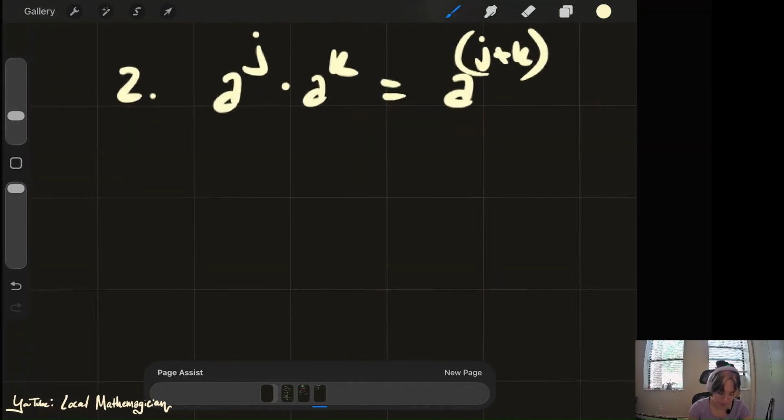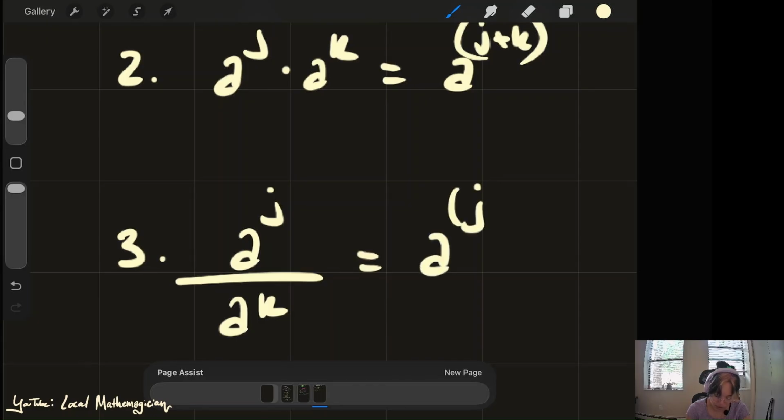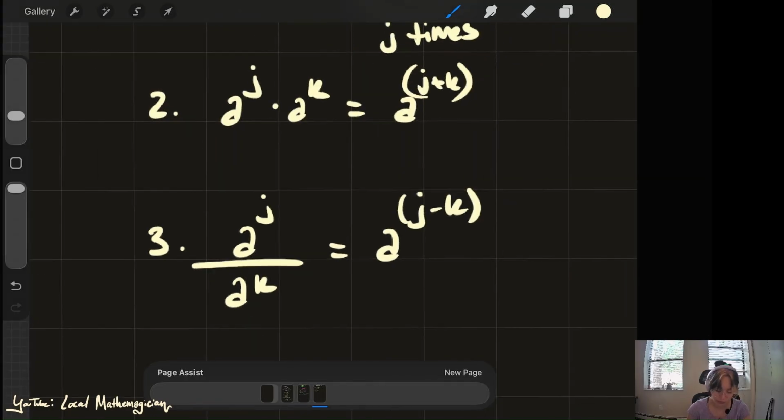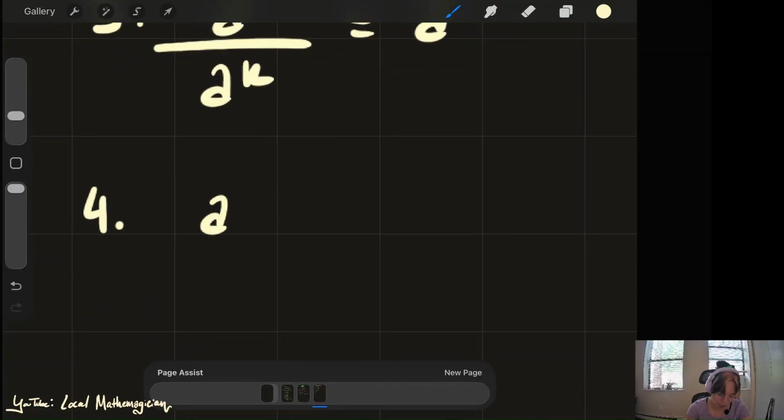All right? 3, a to the j divided by a to the k is equal to a to the parentheses j minus k.